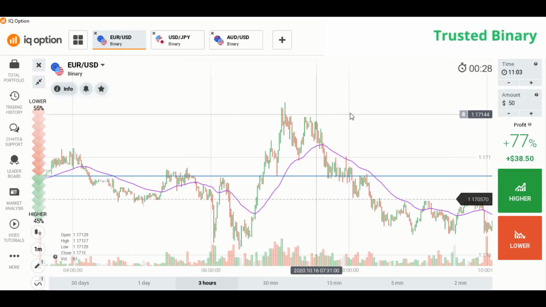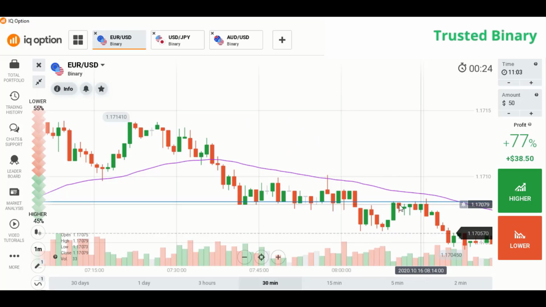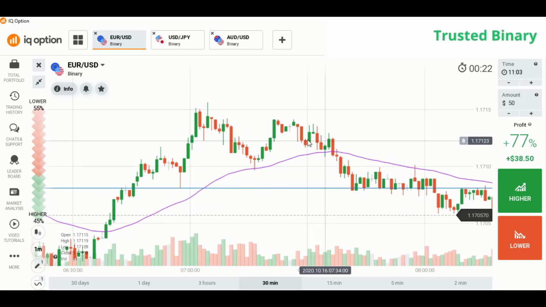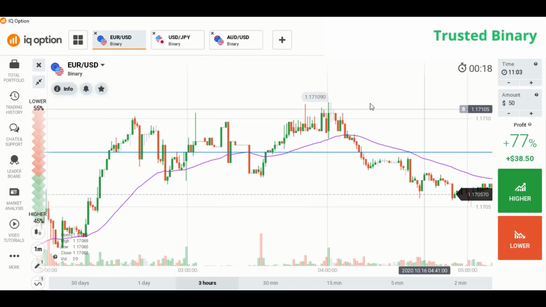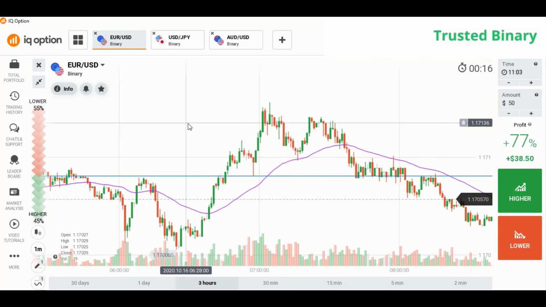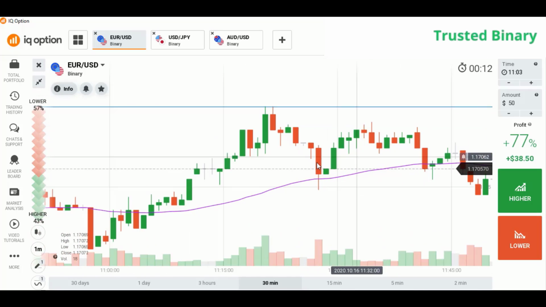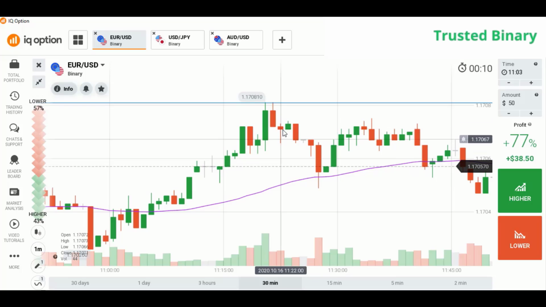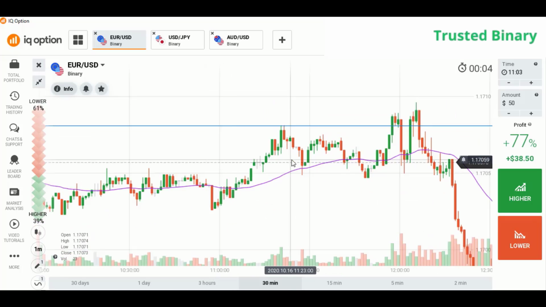So what is the level? Yes, this one, the strong SNR level. So what happened after the rejection? The market goes down. Yes, this is the actual concept of this type of tweezers top pattern.